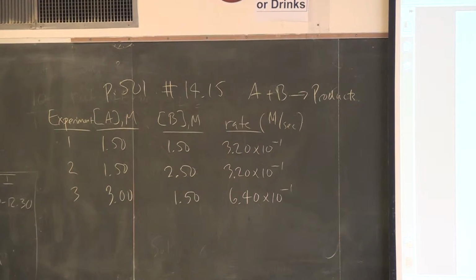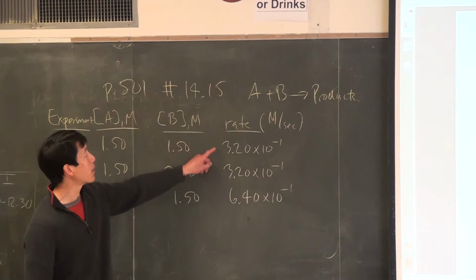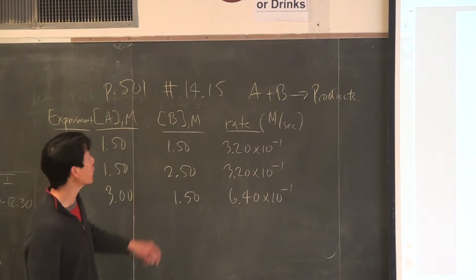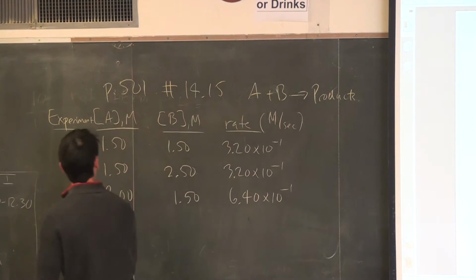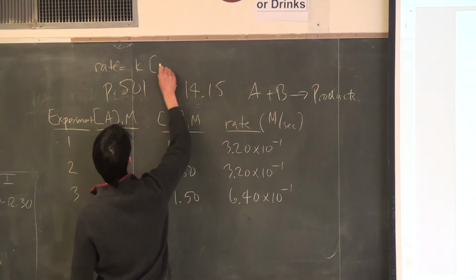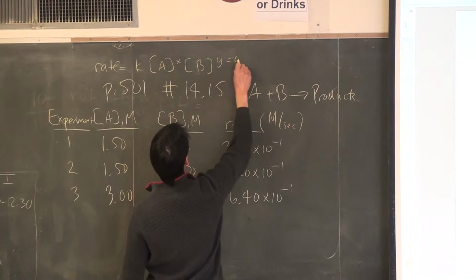Who says it's first order? Who says it's second order? It's actually 0th order, because we change the concentration and the rate stays the same. So if we have our equation, rate equals k times A to the X power times B to the Y power, Y equals 0.